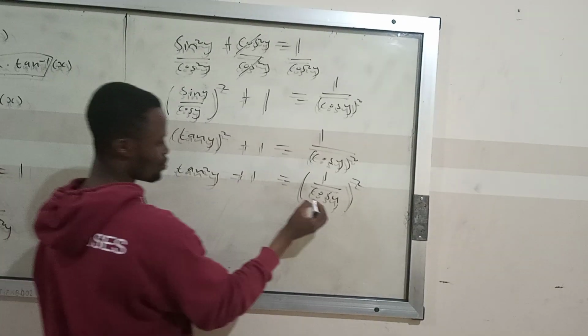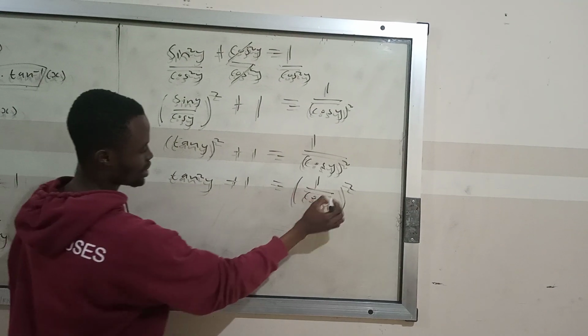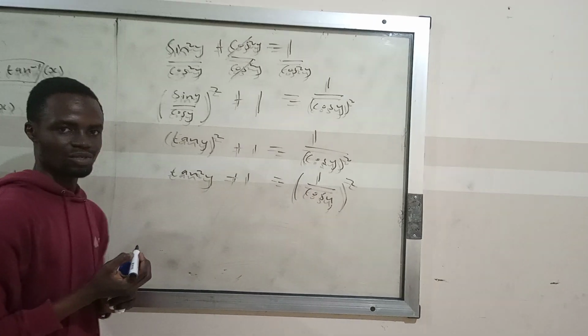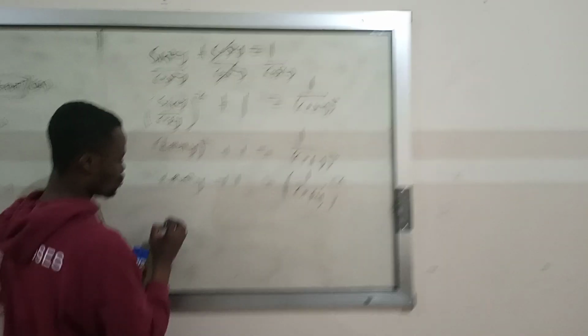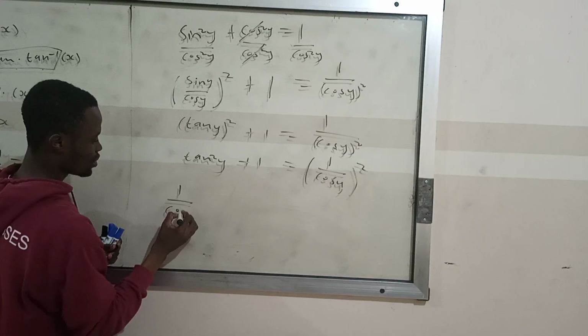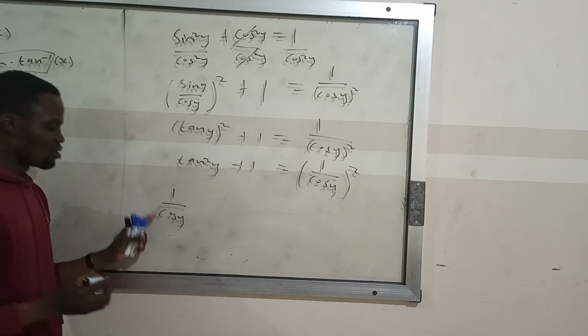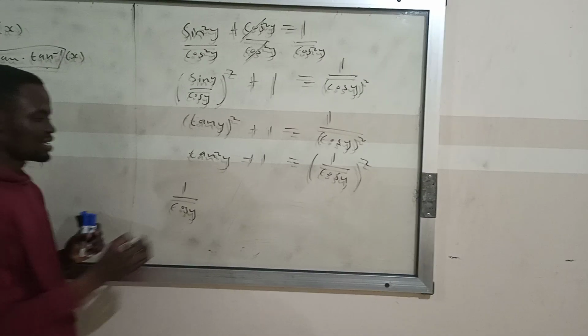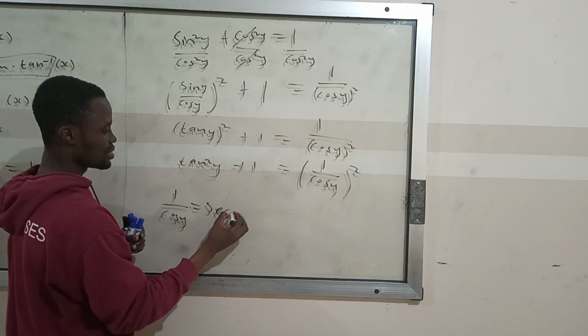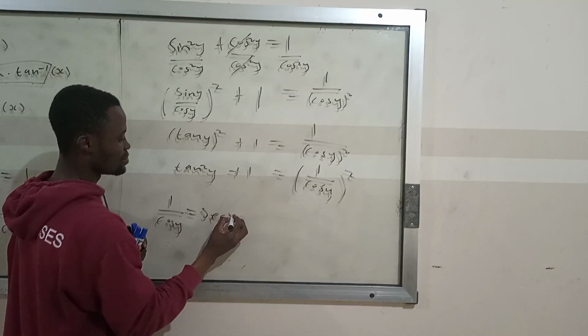So the one in the brackets, 1 over cos y, is the same as sec y.